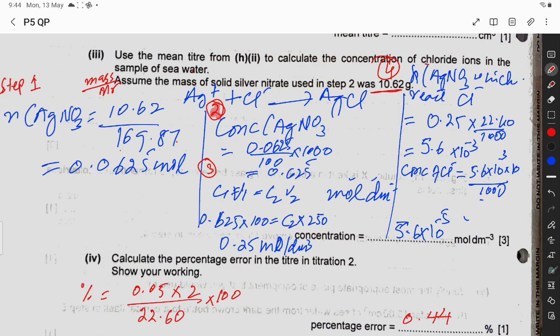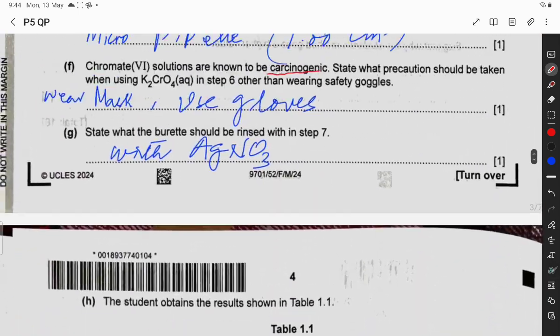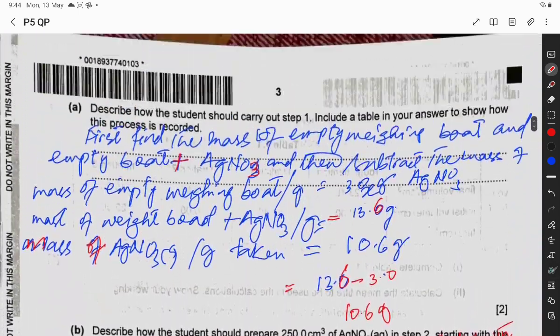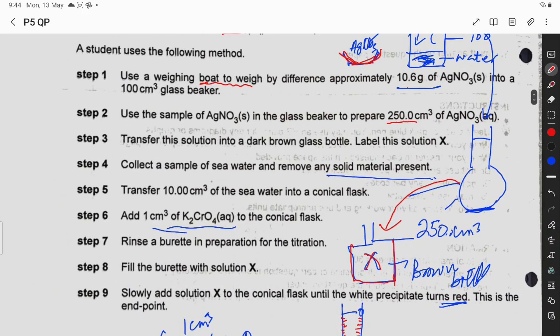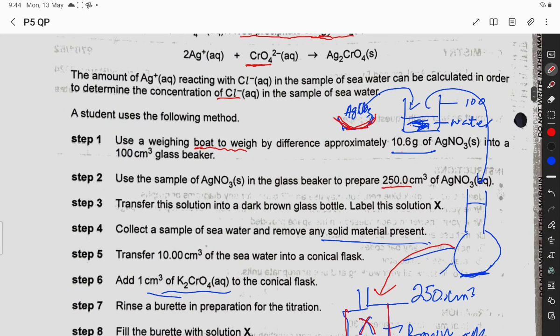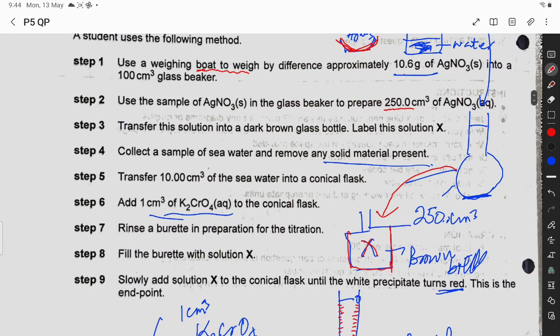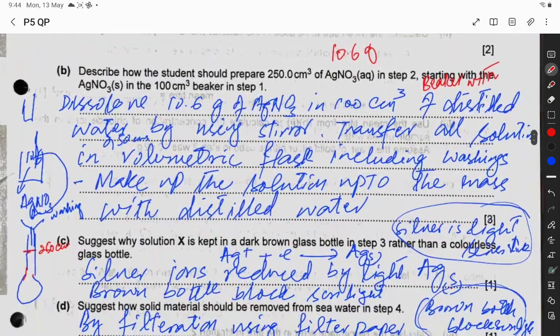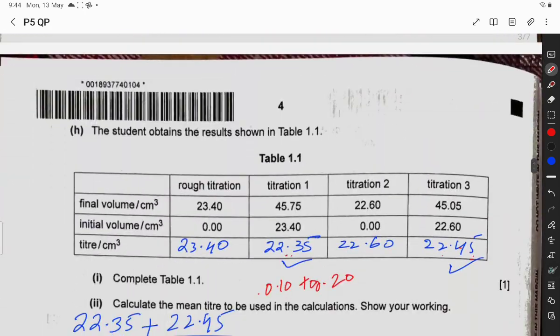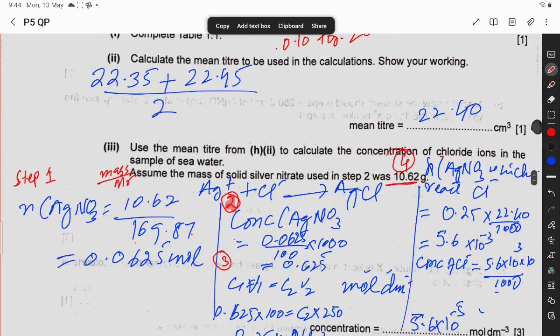The concentration of silver nitrate: look here, AgNO3 in 100 cm³, so this is step 2.